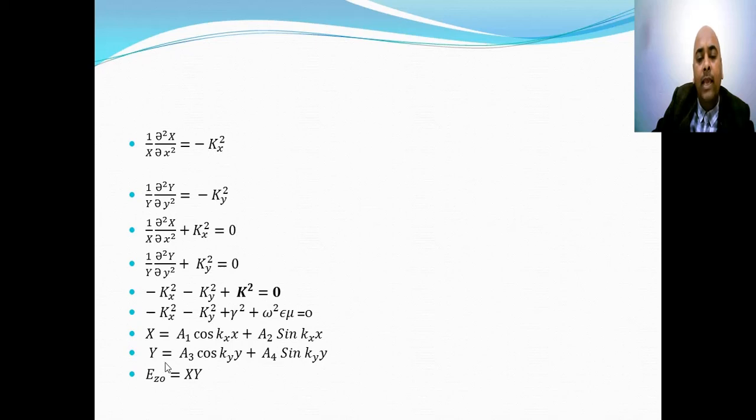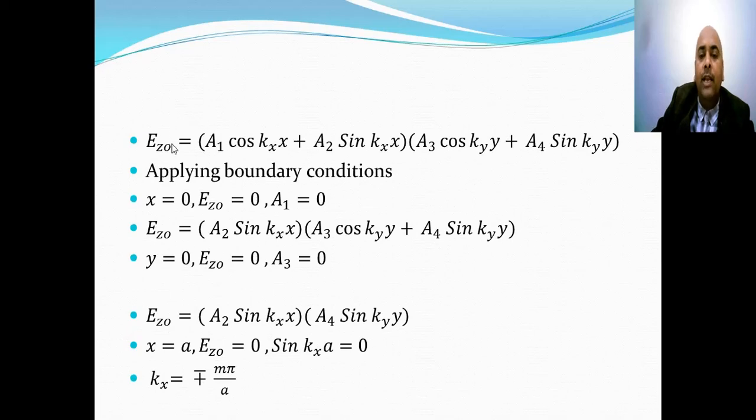Similarly, capital Y, from the second equation, 1/Y ∂²Y/∂y² plus ky² is equal to 0, has the general solution a3 cos ky y plus a4 sin ky y. So we have obtained the general solution of X and Y, and we know that Ez0 is X multiplied by Y, so Ez0 will be of this form.